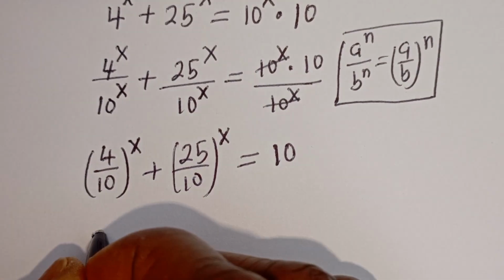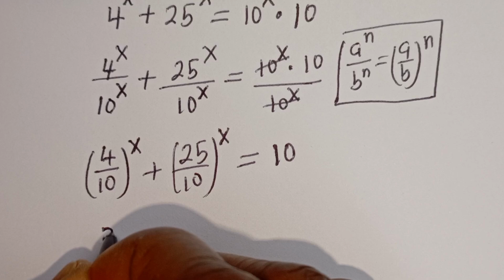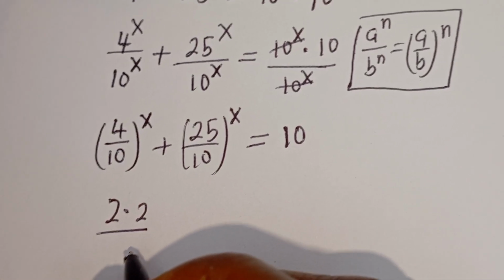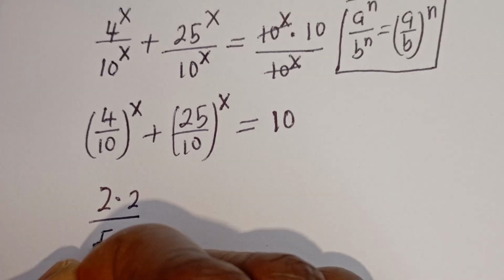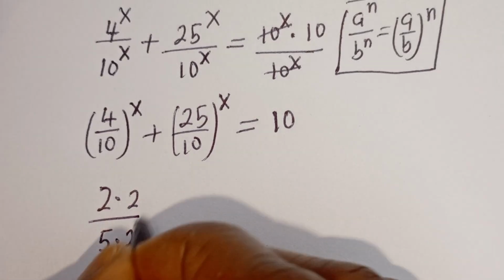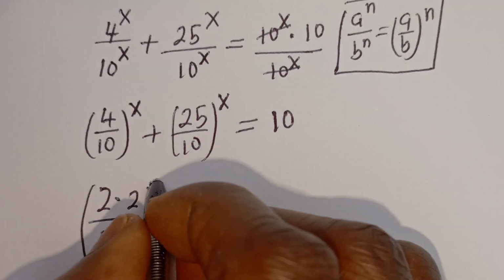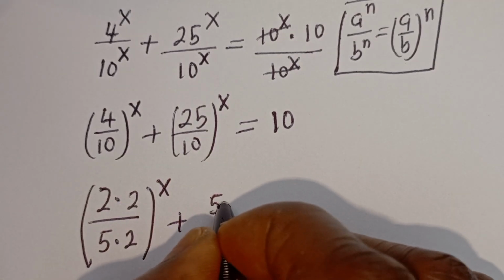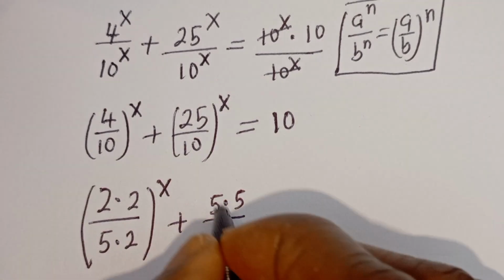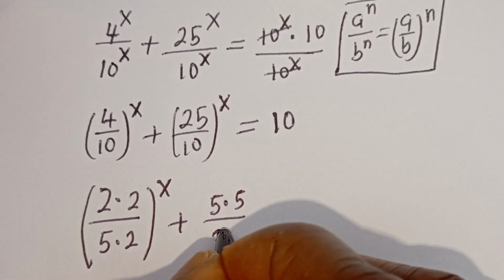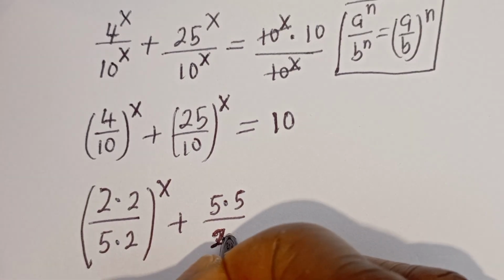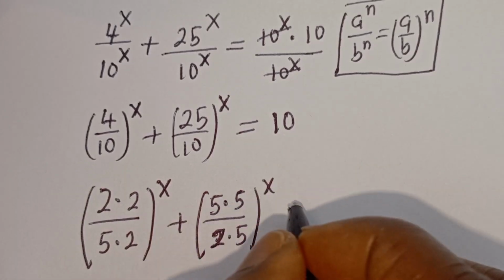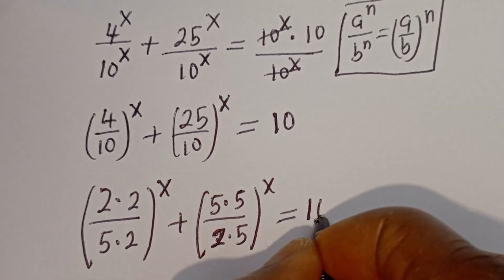Then 4 can be written as 2 multiplied by 2, divided by 10, which is 5 multiplied by 2, all to the power of x, plus 5 multiplied by 5 divided by 2 multiplied by 5, all to the power of x, is equal to 10.